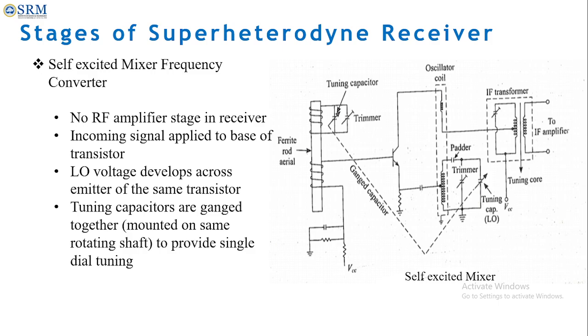If you see the diagram here, we don't provide any RF amplifier stage in the receiver. So the incoming signal from the transmitter is directly given to the mixer transistor, and a local oscillator voltage is developed by using tuned circuit capacitors, which are ganged together to provide single dial tuning.